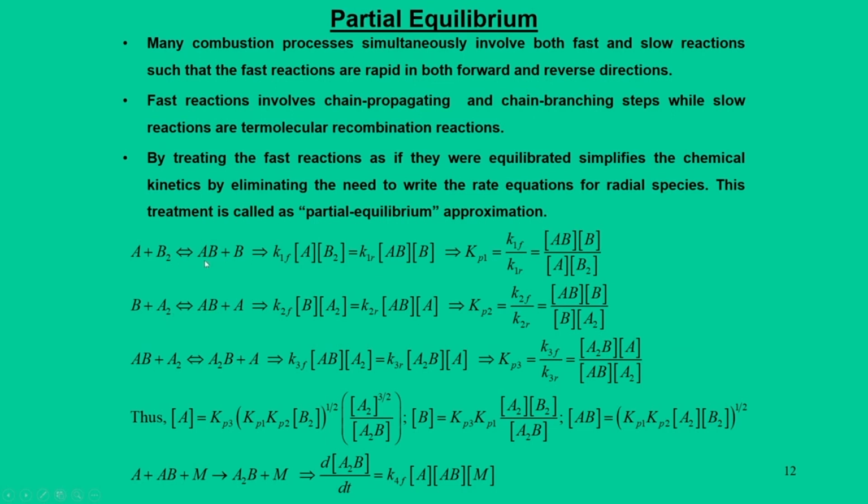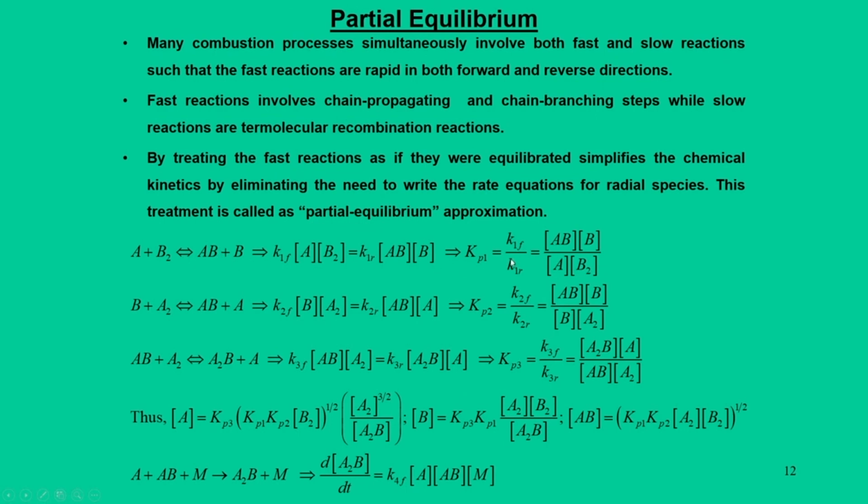For example, in this situation, when A reacts with B2, it gives AB and vice versa. B can react with A2 to give AB plus A, and both reactions can form the species AB, and in both cases we can pair them out. So, that can be considered as one single pair.